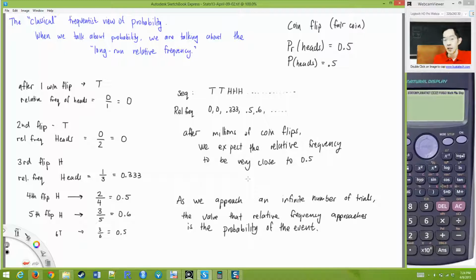Okay? Now, this view is perfectly fine and dandy for things like coin flips, where we can easily repeat the action. Things like drawing a card from a deck of cards or rolling a die. These things, we can repeat very easily, and it's not too bad.